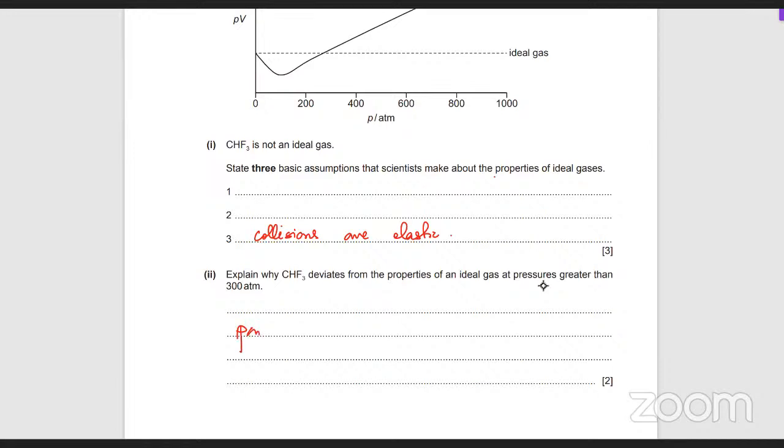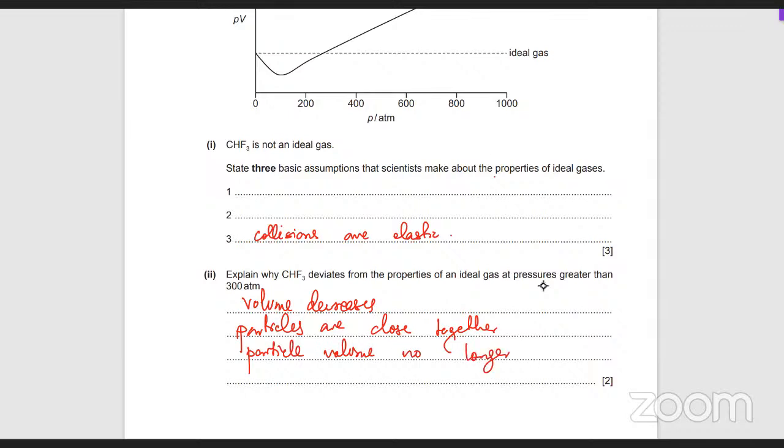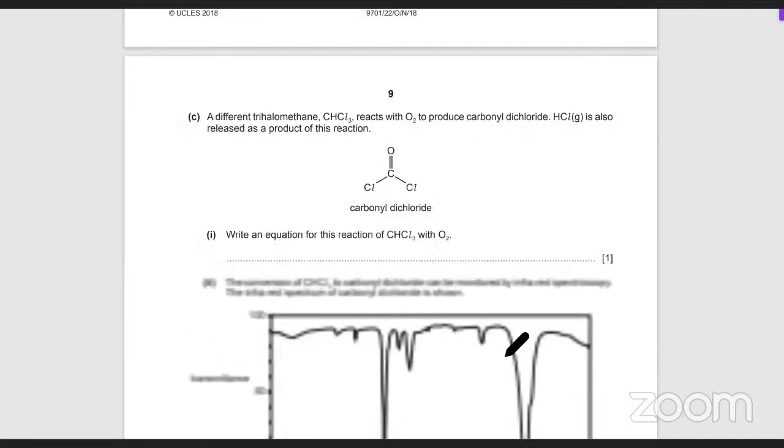If you are at a higher pressure, volume decreases and particles are really close to each other, and particle volume is no longer negligible. It's not going to be negligible any more.